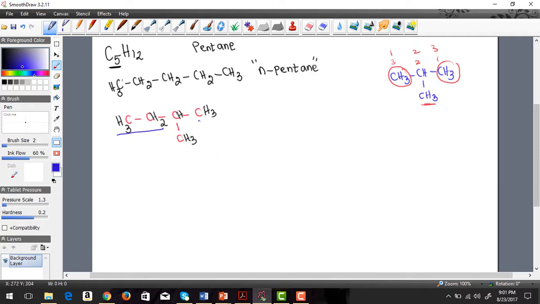On this side, you have a methyl. So it's not identical, and you cannot start numbering any way you wish.